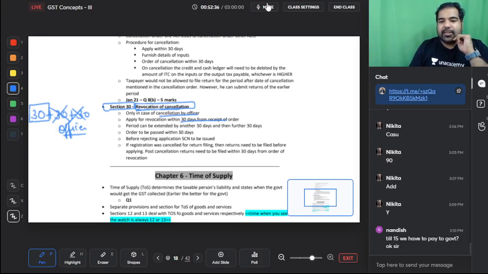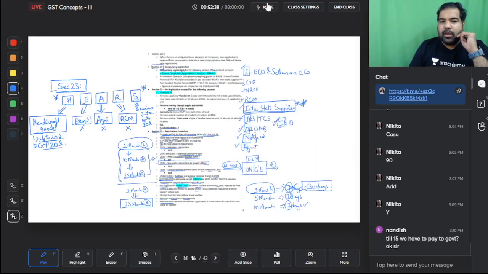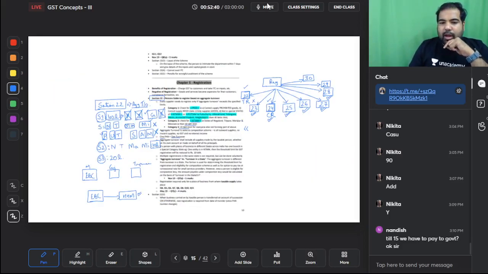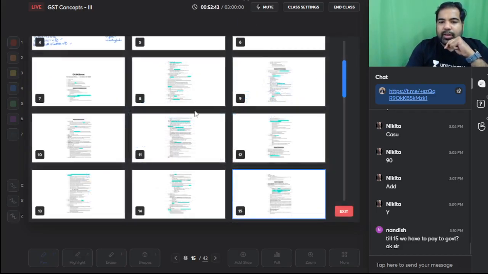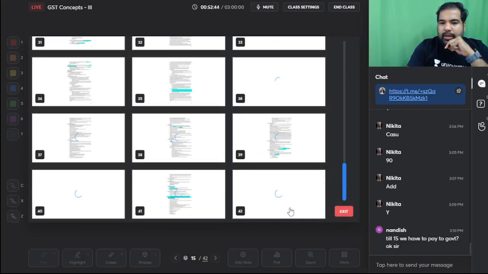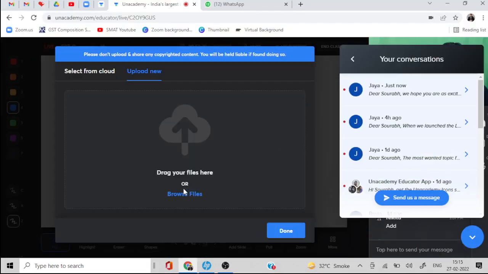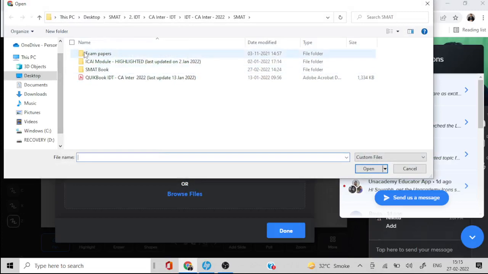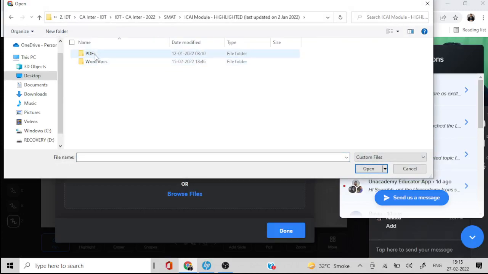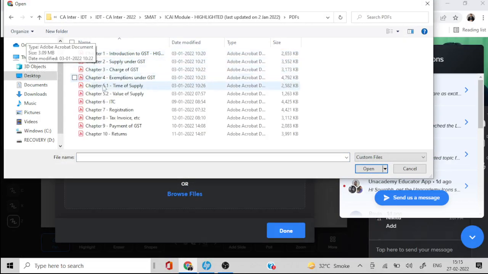Guys, this is a chapter on registration. Very, very interesting chapter. Now what we will do is, we will go to the registration module and we'll look at questions from the module. Everyone, we need to do this. So I'm looking at the module registration chapter.